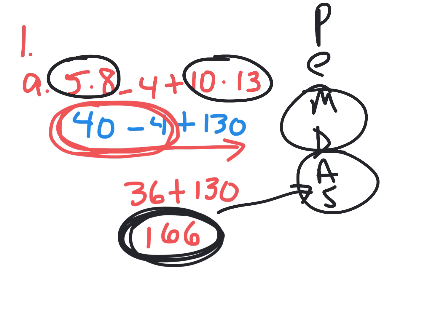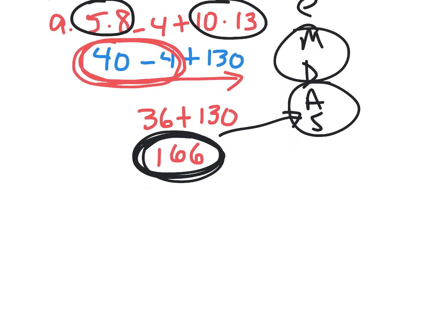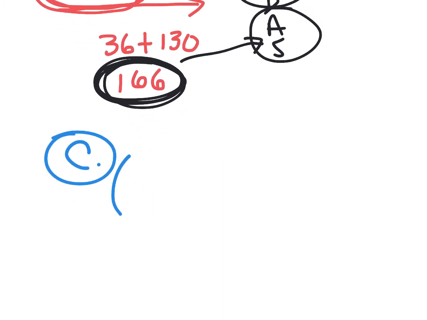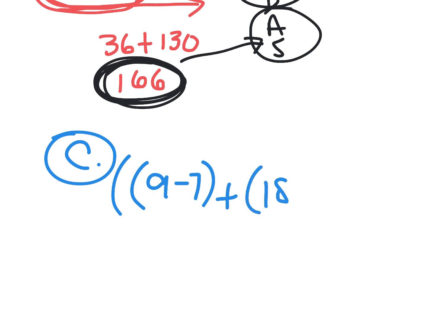So B's and D's we're skipping. So then what's the next one I've got to do? C. So letter C is, you've already got it, so you don't have to write it down, right? But I'm writing it down. Plus, and what's first? Parentheses. Which of the two parentheses are first?